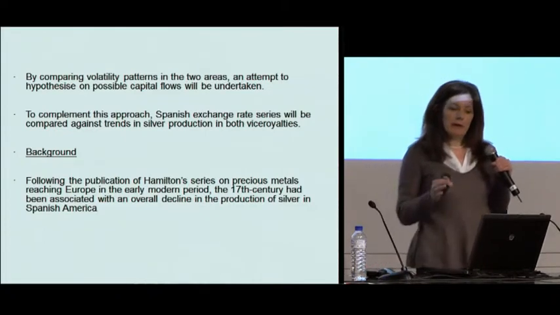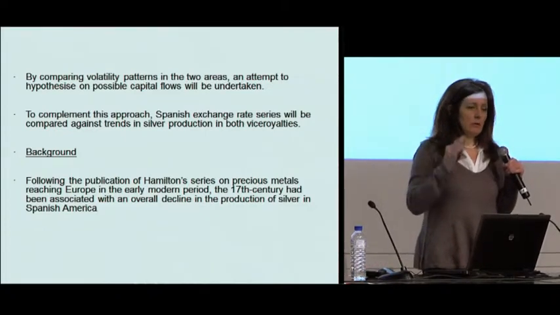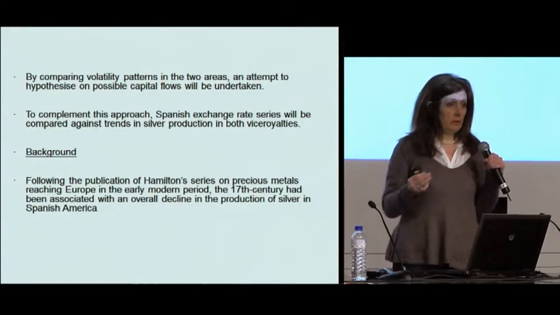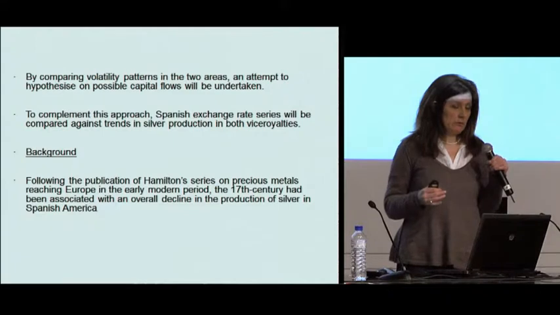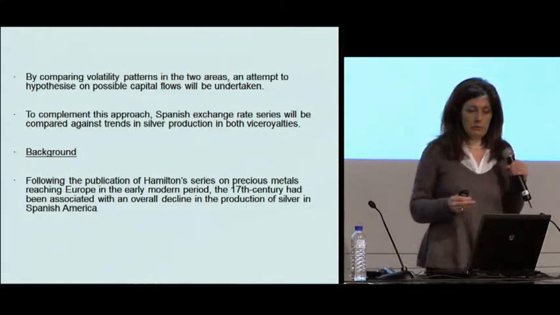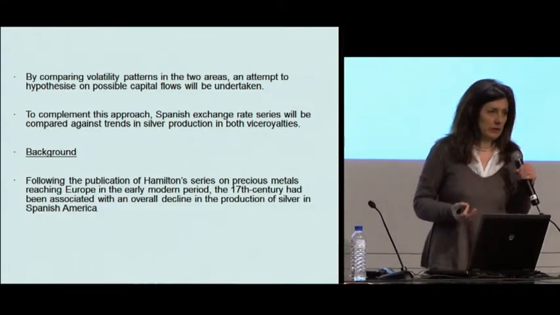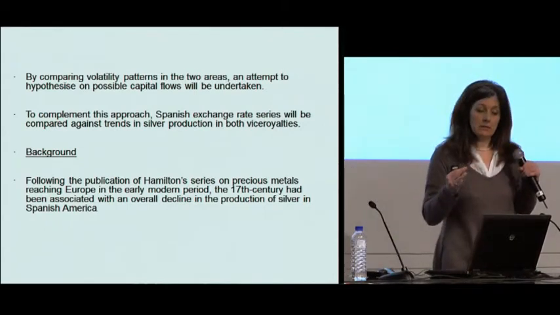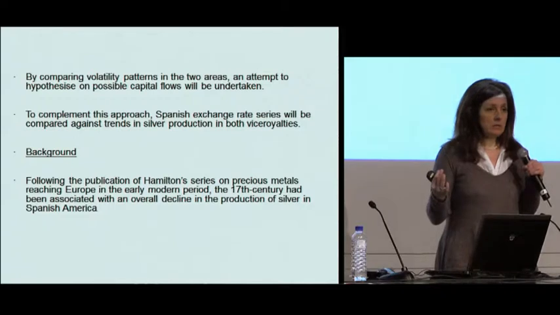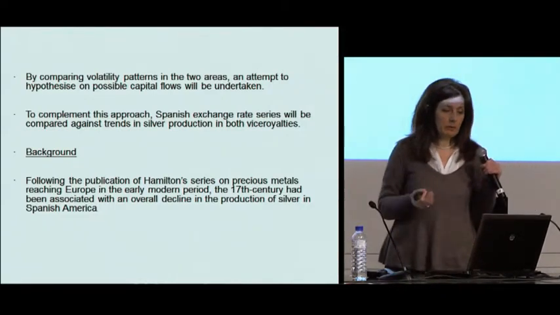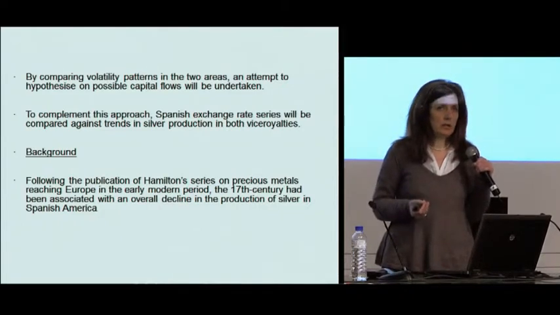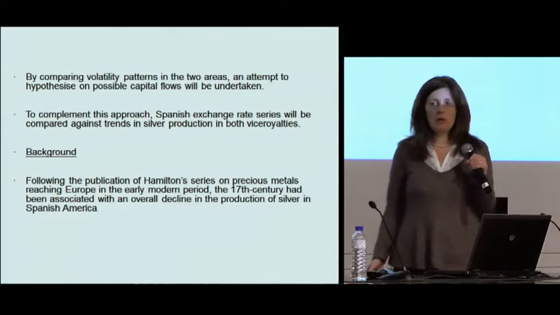I'm going to compare the volatility patterns of the production of silver in both Mexico and Peru during the 17th century, which were the two largest centers of silver production at the time. And then I'm going to compare these series to the exchange rate series of silver to copper, to vellon, basically, the exchange rate series in 17th century Spain.